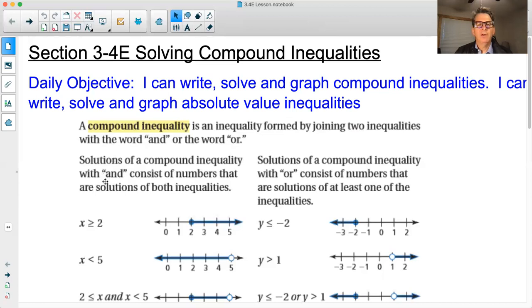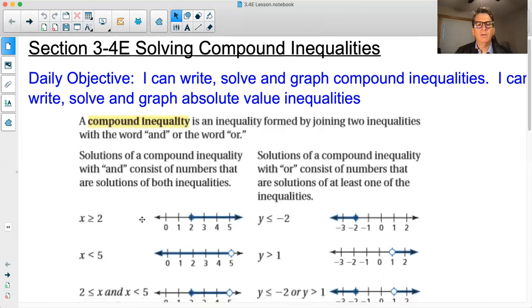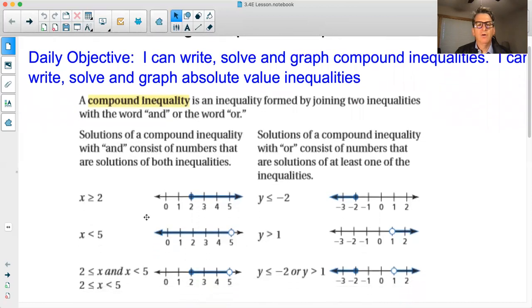The left column has solutions of a compound inequality with and. It consists of numbers that are solutions to both inequalities. So for instance, x is greater than or equal to 2 would be this graph here on the left.